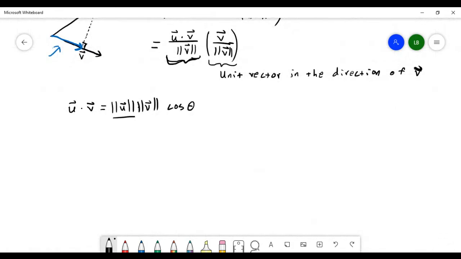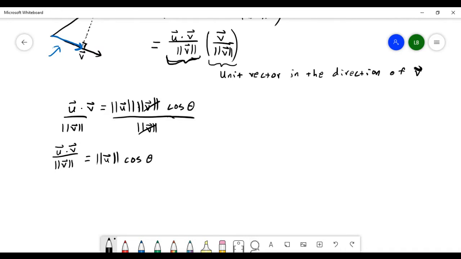If you divide both sides by the magnitude of v, then you're left with u dot v over the magnitude of v is equal to the magnitude of u times the cosine of theta.